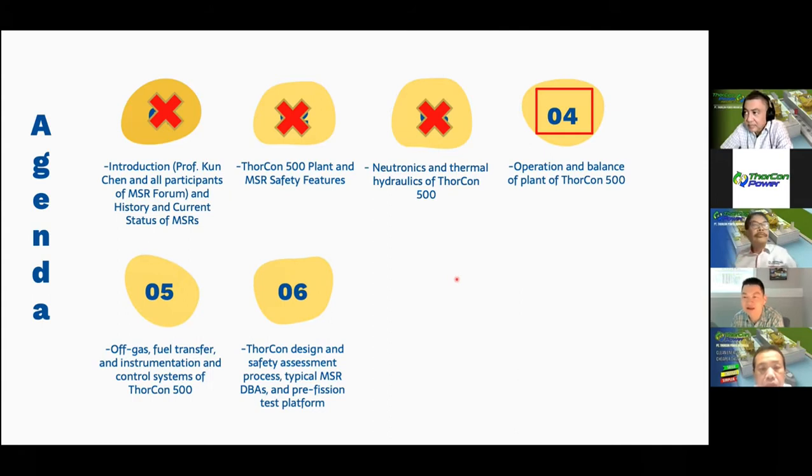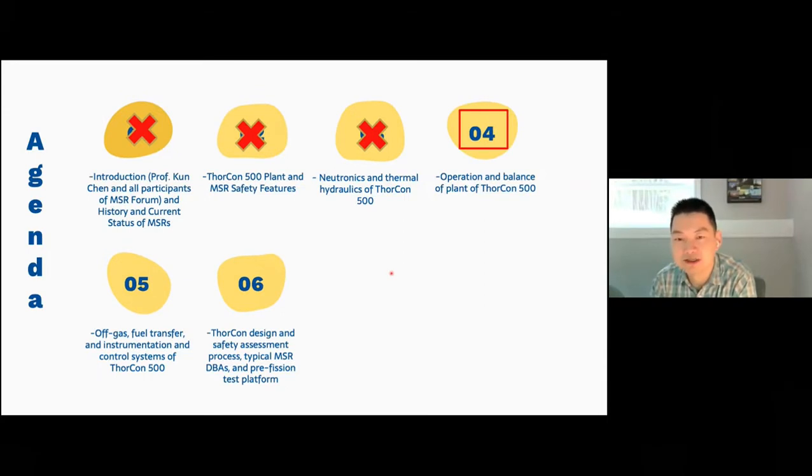We think the operation section is very important because this is where the power plant and the core spend most of its time during its lifetime, because normal operation is what you do every day, and accidents are very rare, even though they're important.